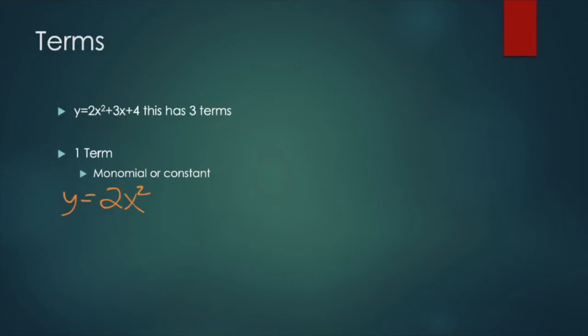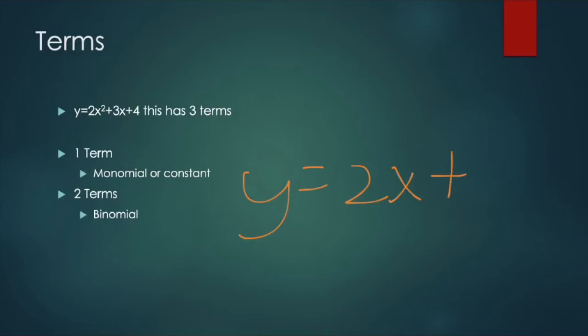If you had two terms, it's now called a binomial. Bi, like a bicycle has two wheels. Binomial has two. Nomial means term, by the way. So if I had y equals 2x plus 4, that has two terms. Is this linear, quadratic, cubic, quartic, or fourth degree, Amy?